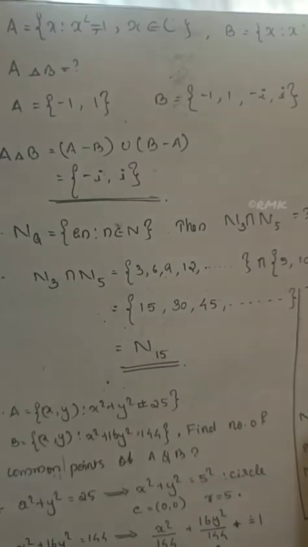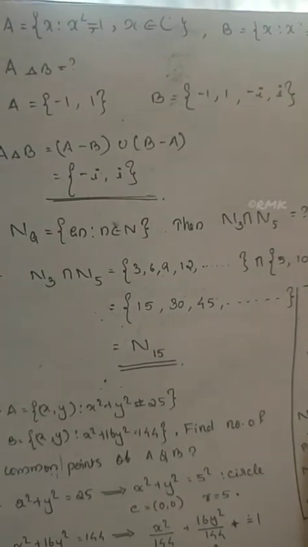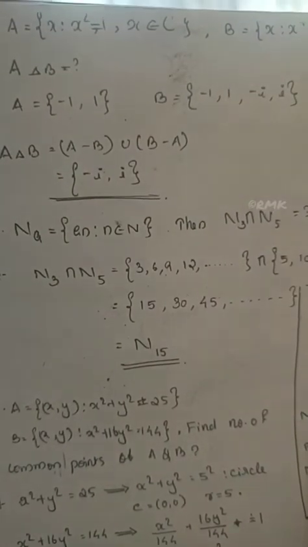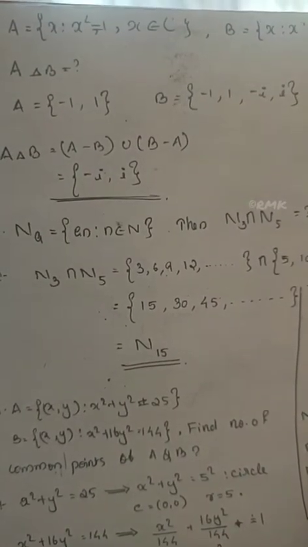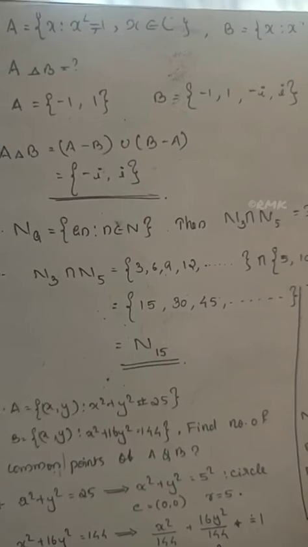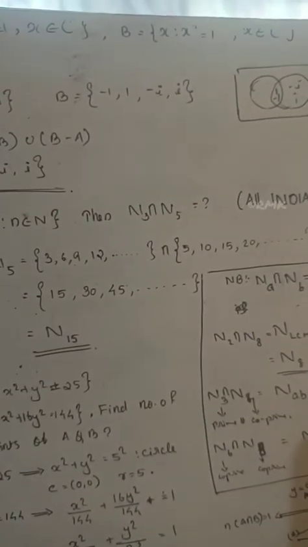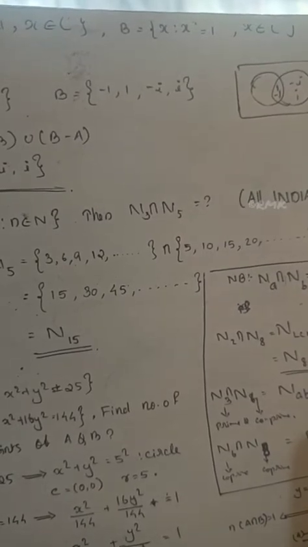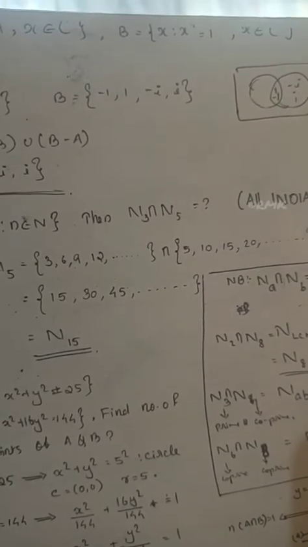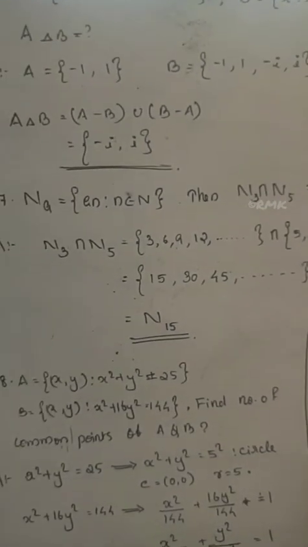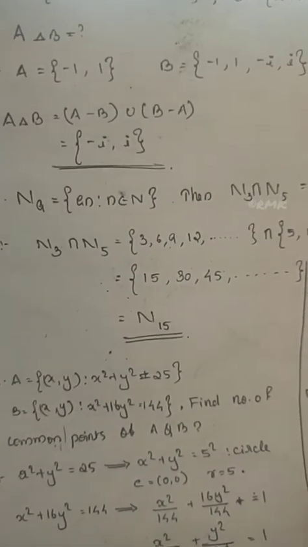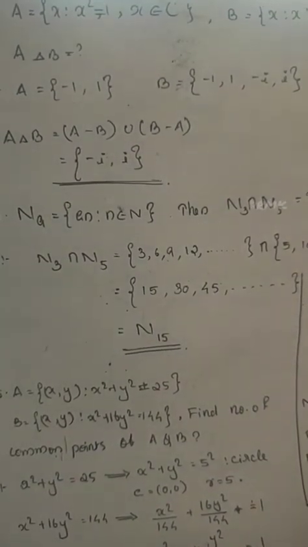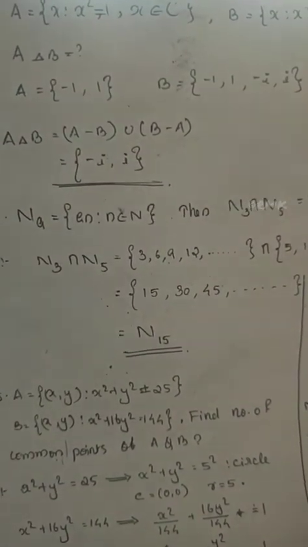Some questions related to these operations. Question: A is equal to the set of x such that x square is equal to 1, x belongs to C. B is equal to the set of x such that x raised to 4 is equal to 1, x belongs to C. Find A delta B. x square is equal to 1, x is a complex number.